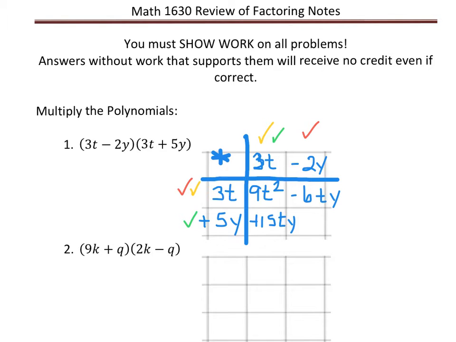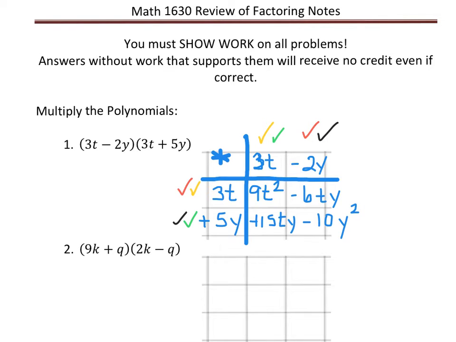And then finally, we're going to multiply the second row times the second column, and that's going to give us positive 5 times negative 2 is negative 10, and y times y is y squared.